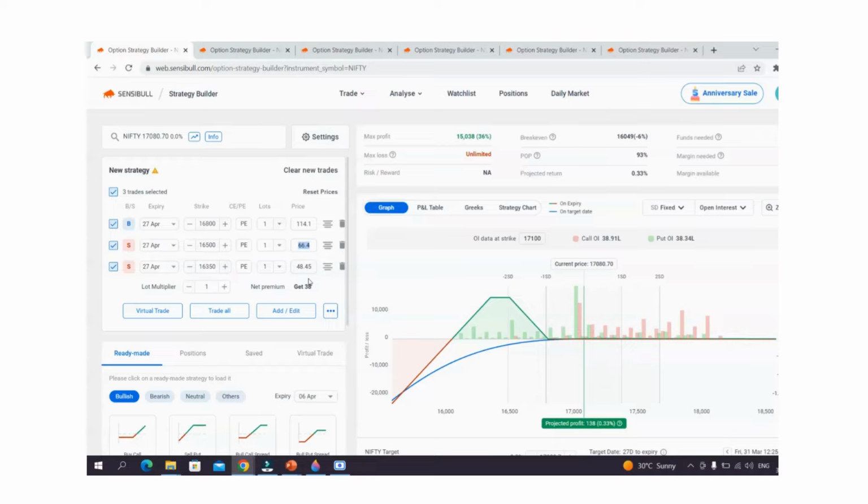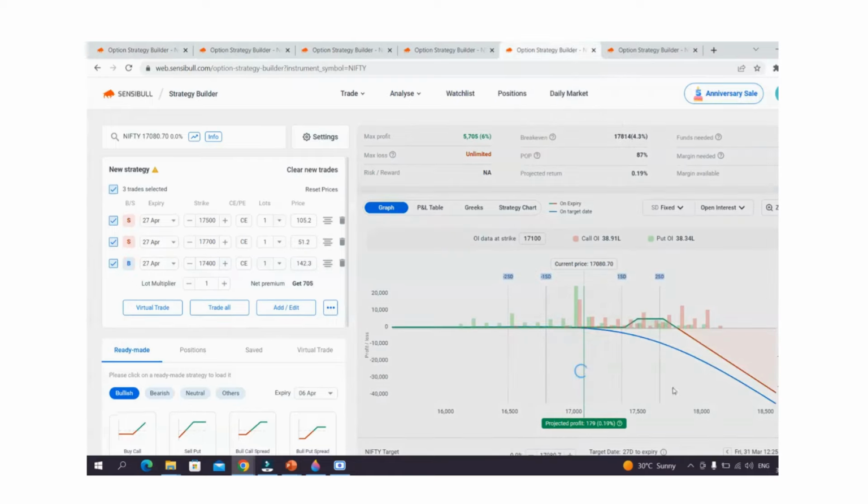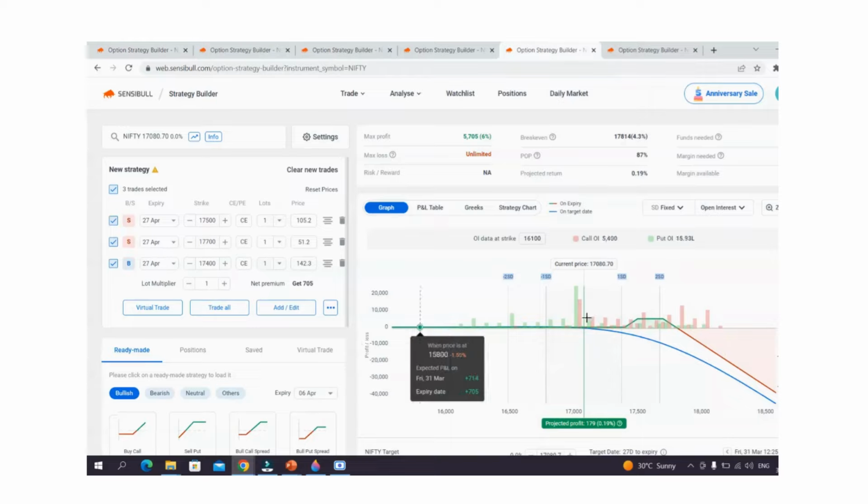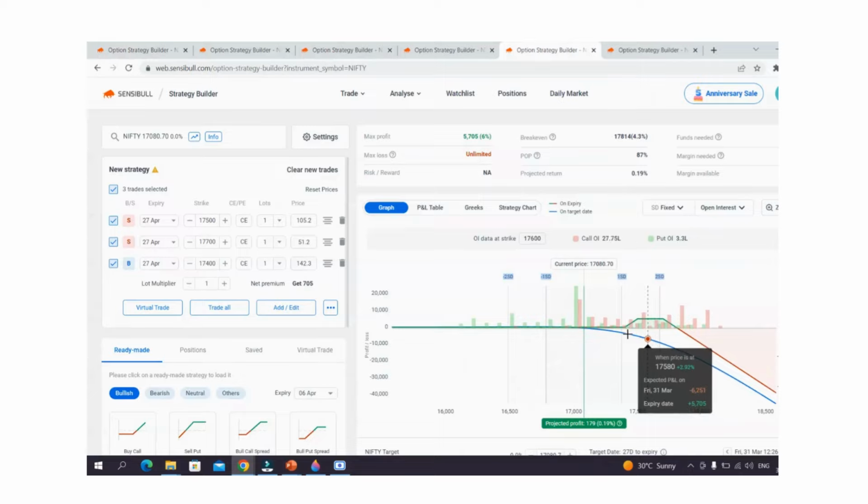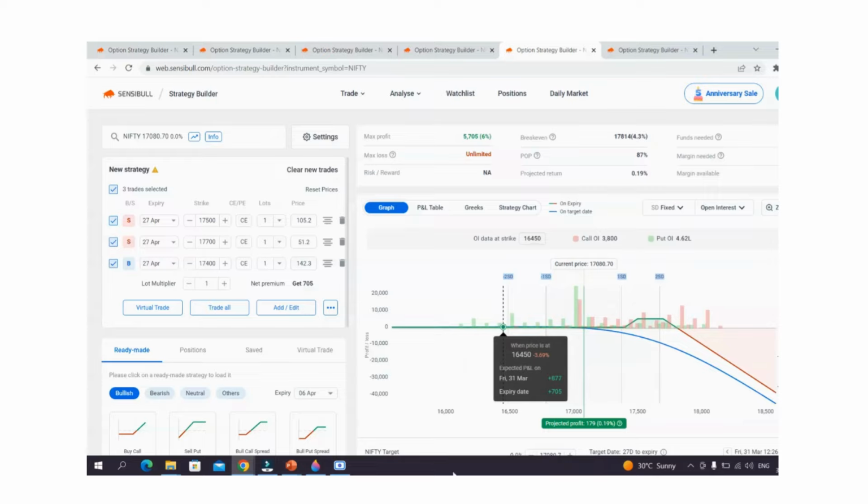When your view goes wrong, you can go for this Jade Lizard, and the other type is you can simply create a Jade Lizard. This strategy, initially itself based on your view, says that okay, the market may reverse and can expire in this particular range, but I don't want to take a risk if it continues to go down.